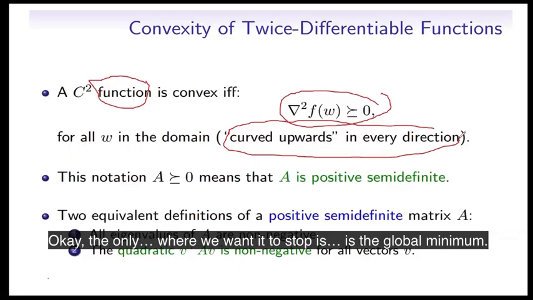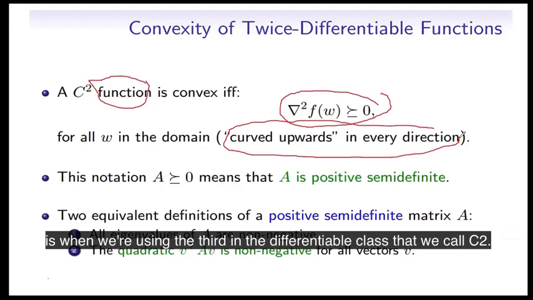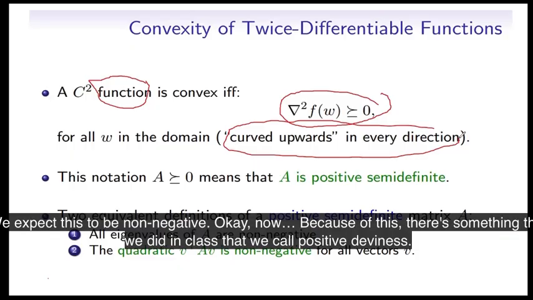The only place where we want it to stop is the global minimum. And the only condition under which we can satisfy that is when we're using the second differentiable class that we call C2, we expect this to be non-negative.